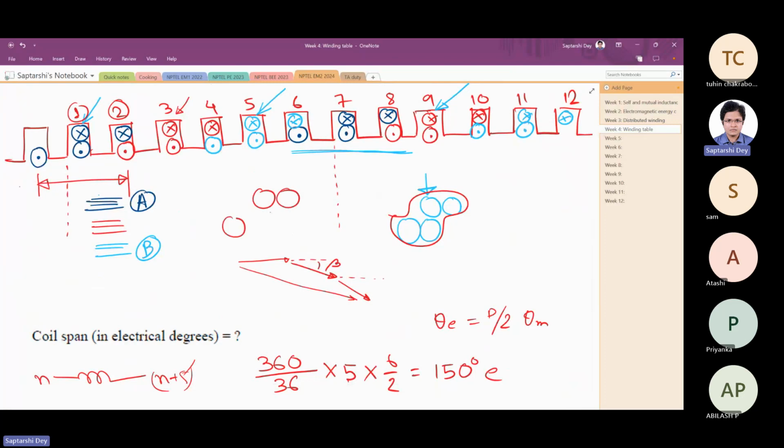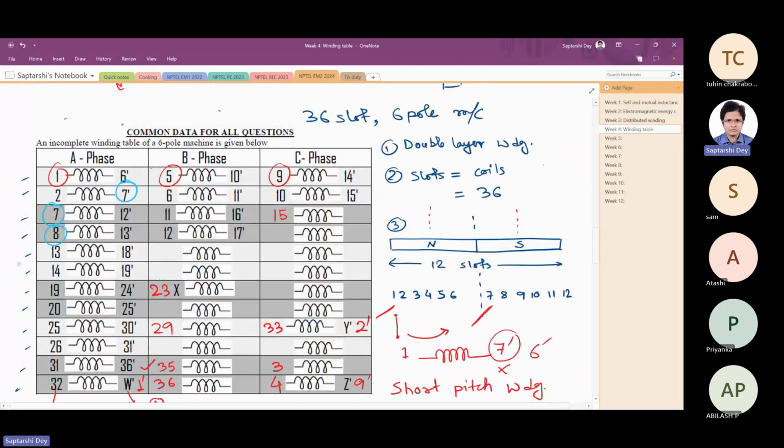Say every phase per pole looks like this. These two make one group. These two make one group. You see, 1 and 2 make one group. That's why they are in this color. A little bit of shading difference if you can observe on the screen. So this is one group.